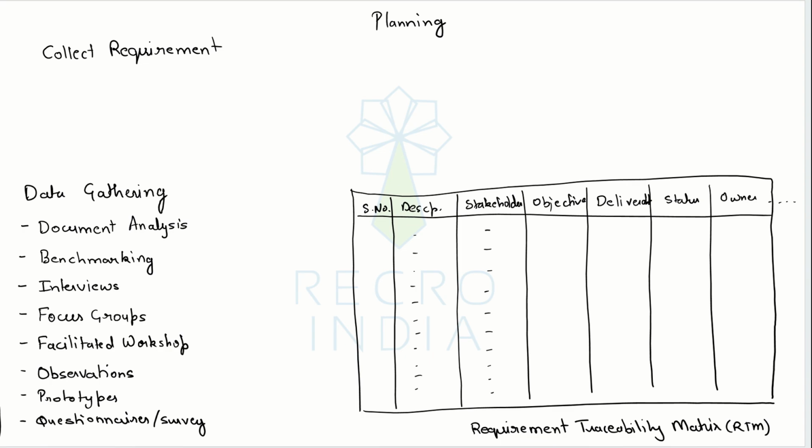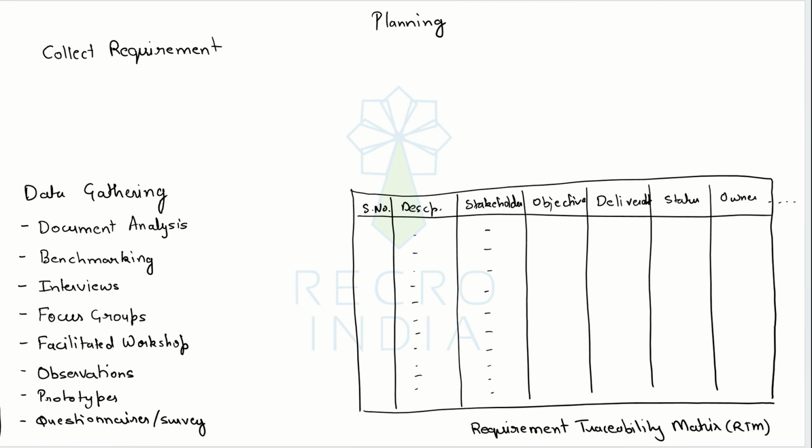However, it depends on the organization. The other columns right now may be empty, because we haven't done the scope planning, or the budgeting, or the scheduling and resource planning.